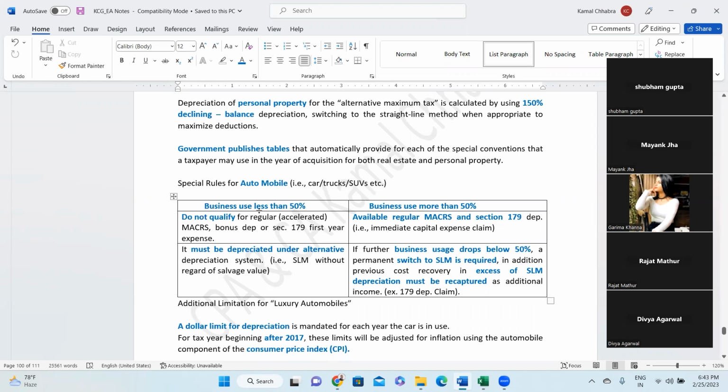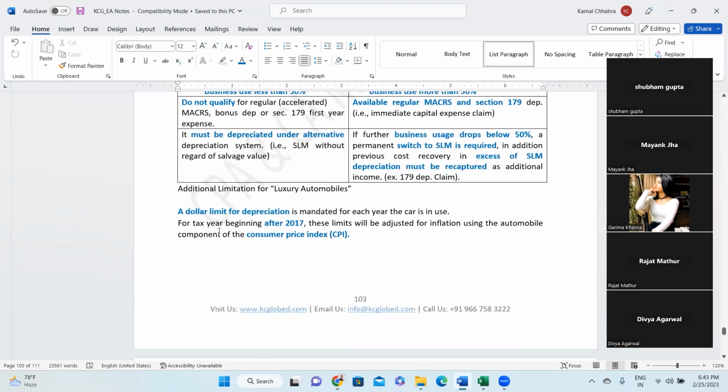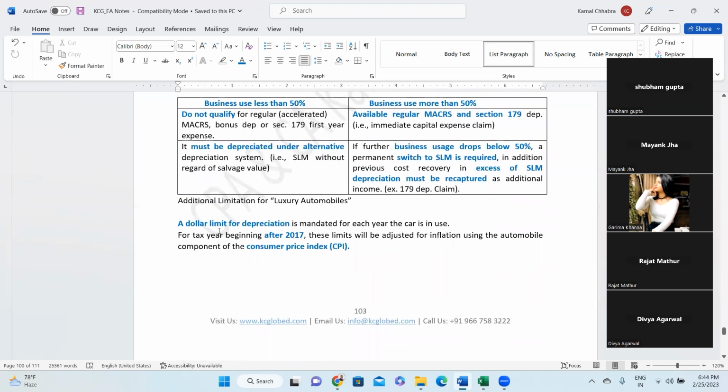If you are using it for business purpose less than 50%, then it does not qualify for MACRS. So if you have purchased a car and you are using less than 50% for the business purpose, you need to use the alternative depreciation system. You cannot use MACRS and you cannot claim bonus depreciation under section 179 for year 1.